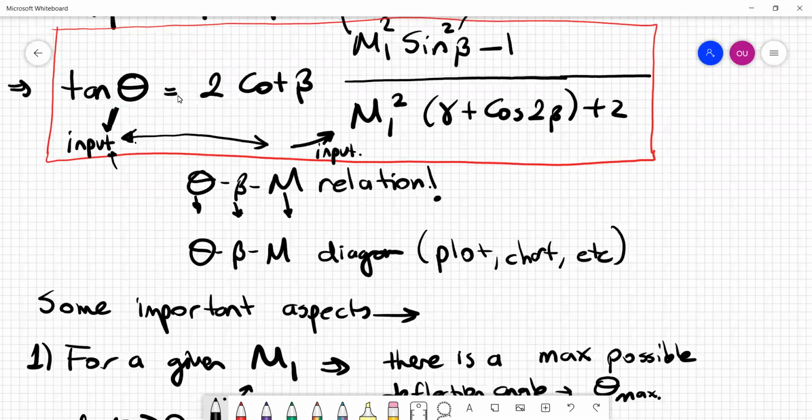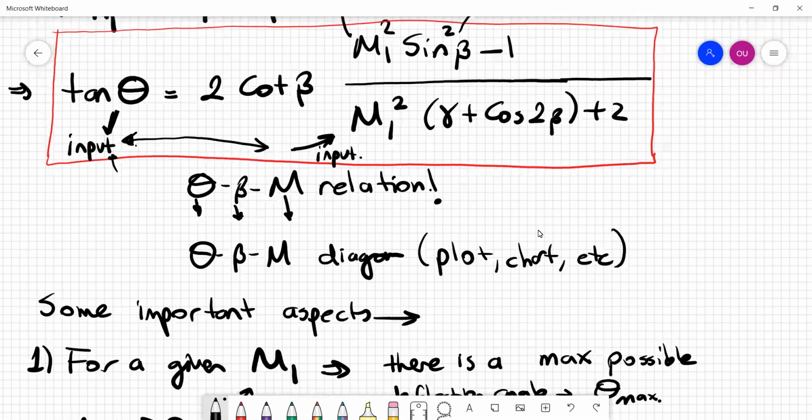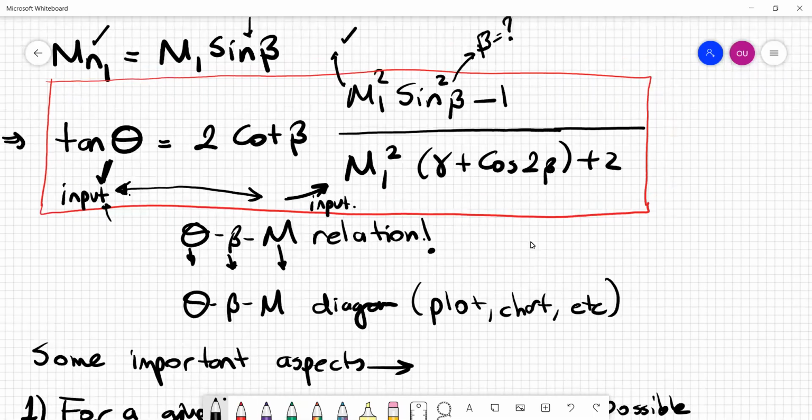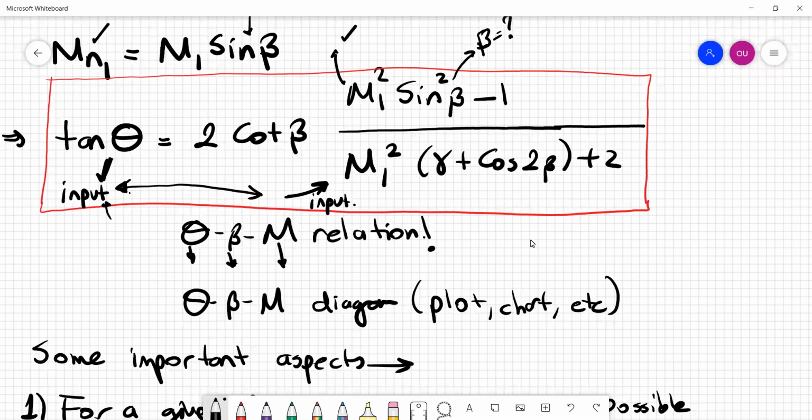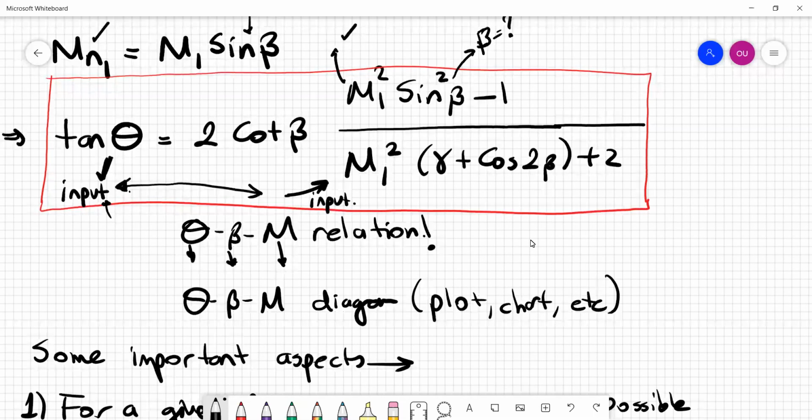However, the unknown here is beta. This equation will be satisfied in reality for two different beta values. Two different beta numerical values will satisfy the same equation. So for the same Mach number and same theta input values, you will obtain two solutions for beta.